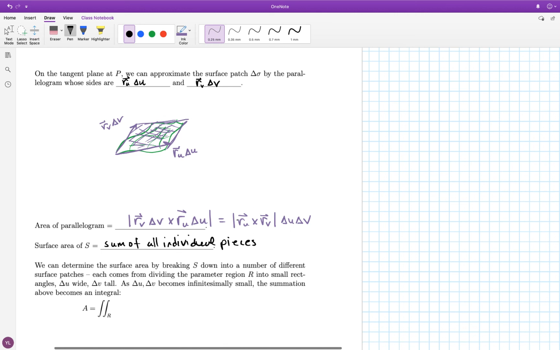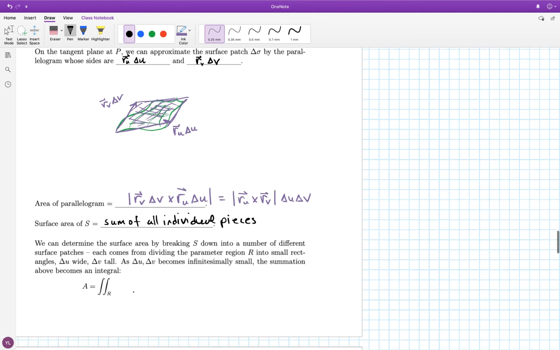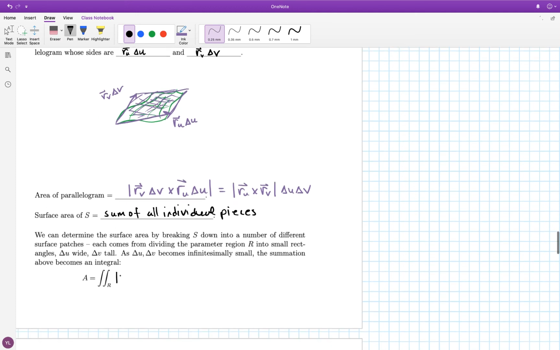You add up the areas that look like this. And that gives you an estimate for the total surface area over the parameter space. And of course, as you take a limit as the size of delta u and delta v goes to 0, then you get the actual surface area. So it will end up looking like this. Okay, so we have ourselves a double integral formula to compute the surface area of a parametric surface.